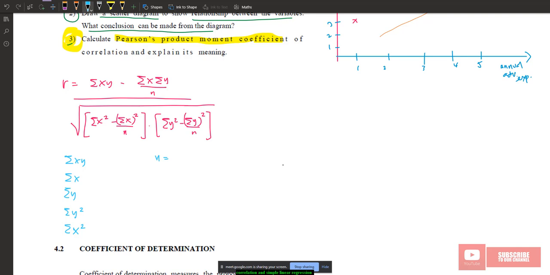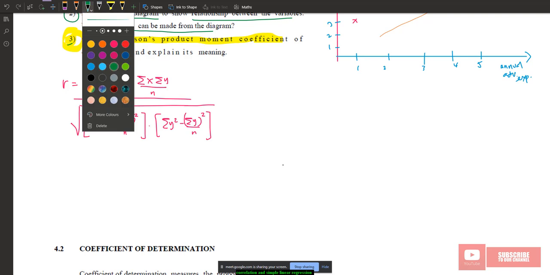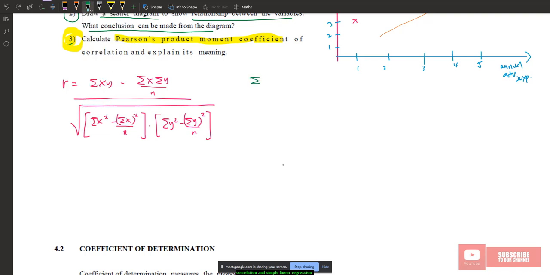And we already know n is equal to 8. Let me use the darker color. So let's say the summation of xy, summation of x, summation of y, summation of y squared, x squared, and n. n is equal to 8.